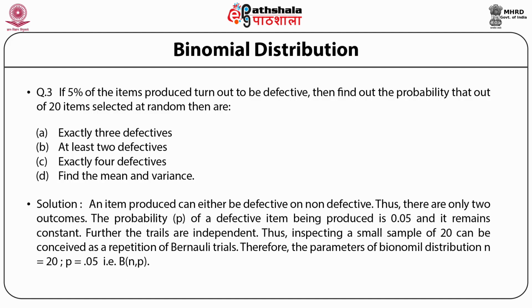Further, the trials are independent, thus inspecting a small sample of 20 can be conceived as a repetition of Bernoulli trials. Therefore, parameters of the binomial distribution are as such: n is 20, p is equal to 0.05, that is, binomial distribution with parameters n and p.